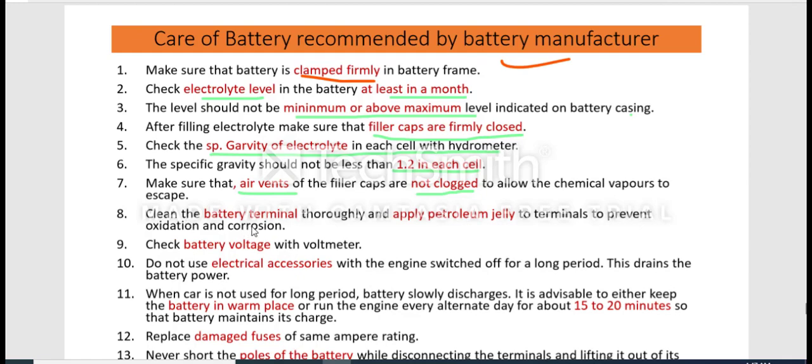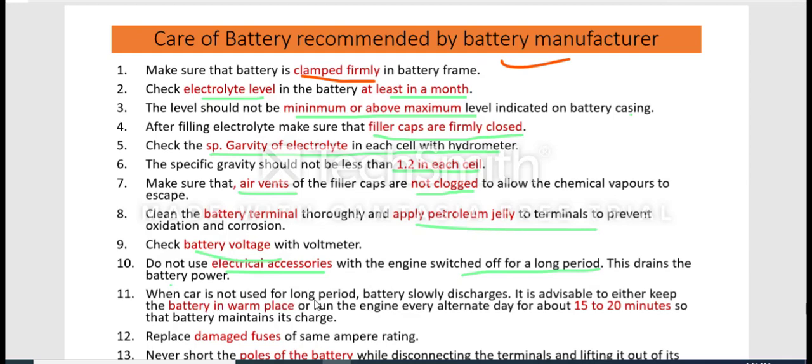Then clean the battery terminals thoroughly and apply petroleum jelly to the terminals to prevent oxidation and corrosion. Check battery voltage with a voltmeter. Do not use electrical accessories with the engine switched off for a long period, as this drains the battery power.